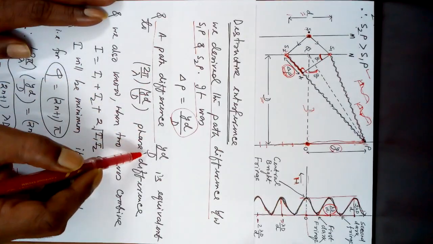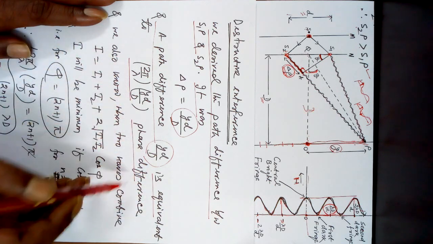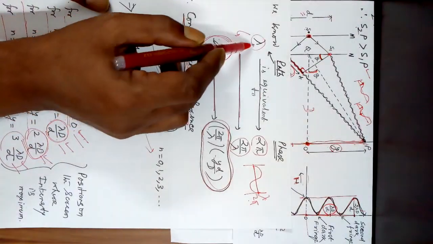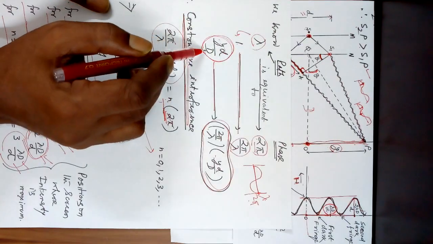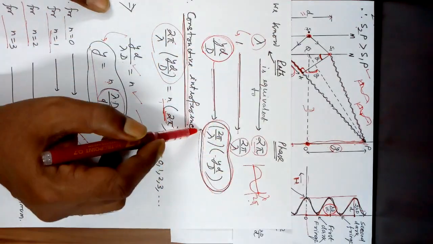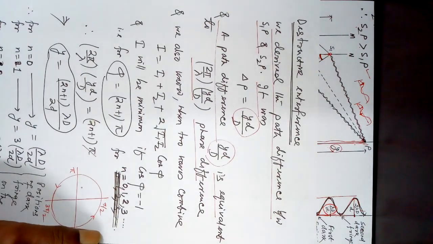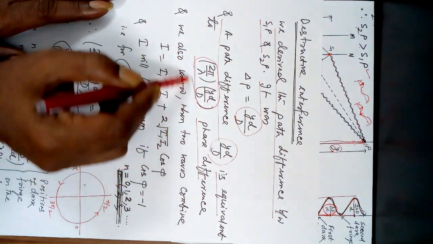A path difference of yD by D is equivalent to this much phase difference. That also I explained right now. Lambda is equivalent to this, unit distance is equivalent to this, therefore yD by capital D is equivalent to this much of phase angle. So path difference was converted to phase angle like this.